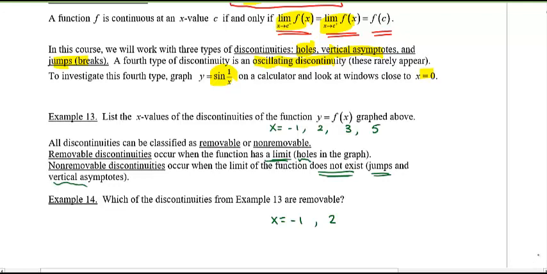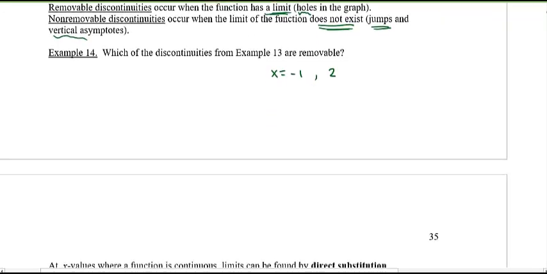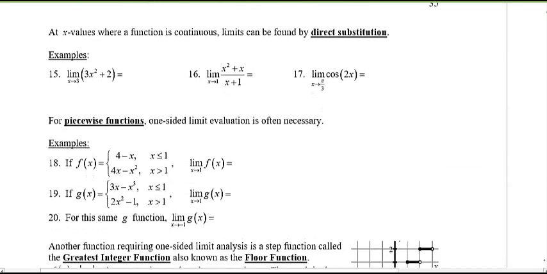Okay, so we've done a lot of visual graphing stuff. What I'd like to show you next is looking at actual functions. Now, notice that at x values where a function is continuous, the limits are actually the same as the value of the function. So the limits can really just be found by using direct substitution.